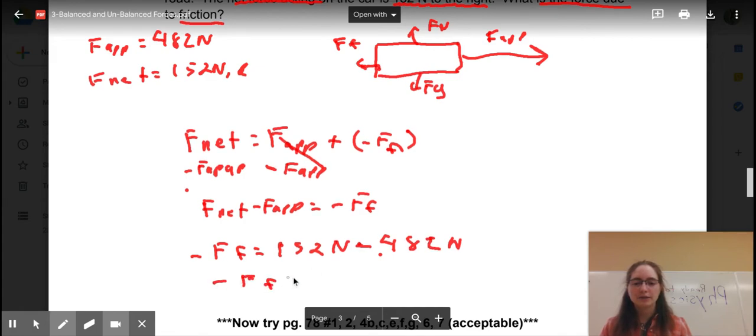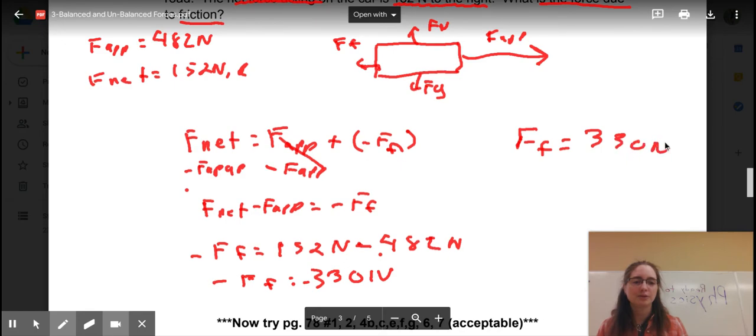And my negative force of friction, ladies and gentlemen, is going to give us an awesome value of negative 330 newtons. Notice the two negatives on that side there. So with the two negatives, I am simply going to cancel those out. There we go. So I'm going to wind up with 330 newtons.